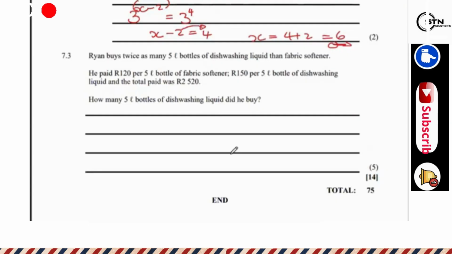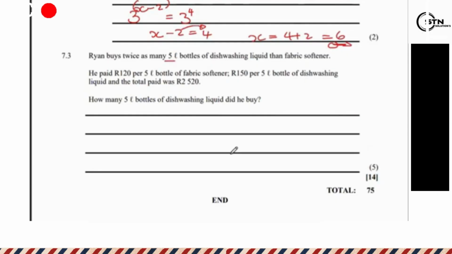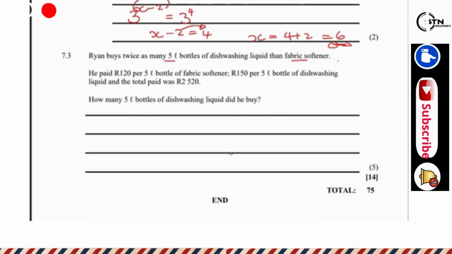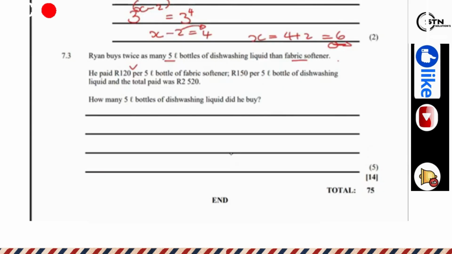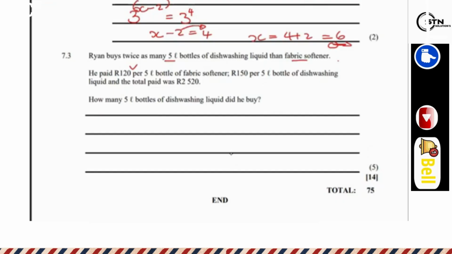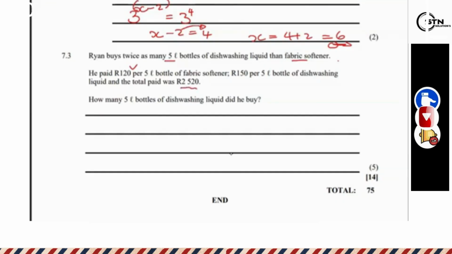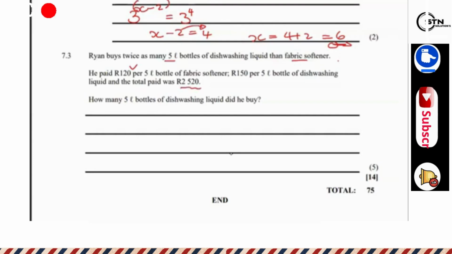Ryan buys twice as many 5-liter bottles of dishwashing liquid than fabric softener. He paid $120 per 5-liter bottle of fabric softener, and then $150 per 5-liter bottle of dishwashing liquid. And he paid a total of $2,520.